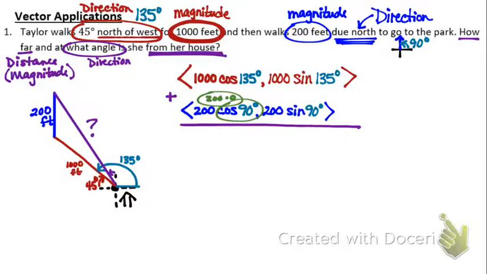So I'm doing 1,000 cosine 135 plus 0, which would just give me 1,000 cosine of 135. A lot of times I can't actually add them together like this. I just have to leave them in their two parts because they're not like terms and it's not a unit circle thing. It's okay if you have to leave them as this plus this for the x part.